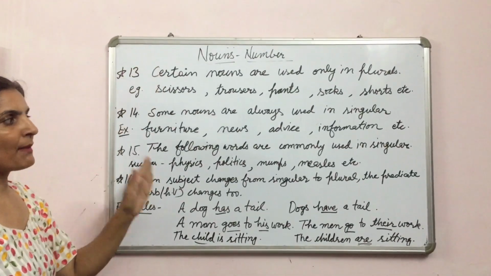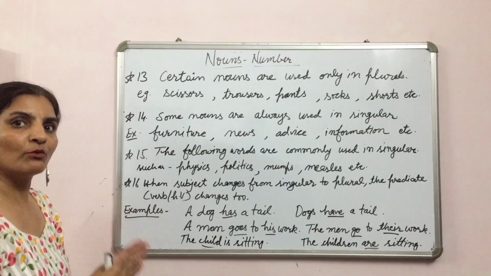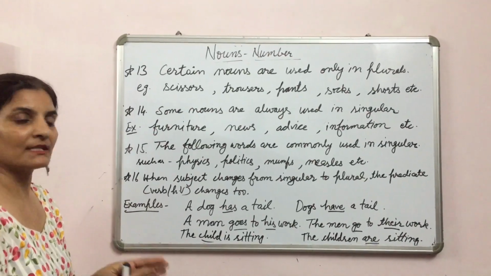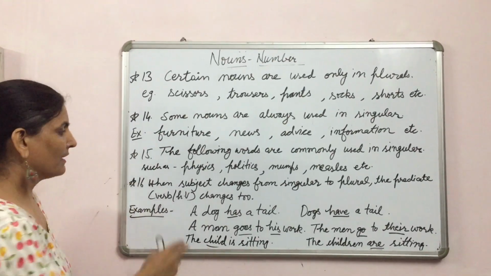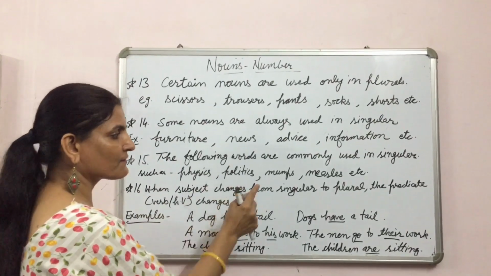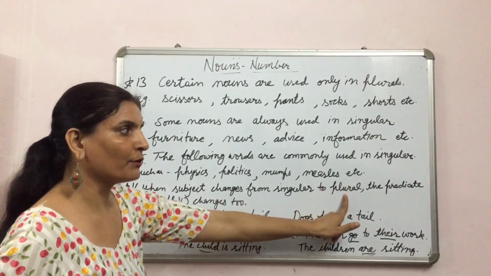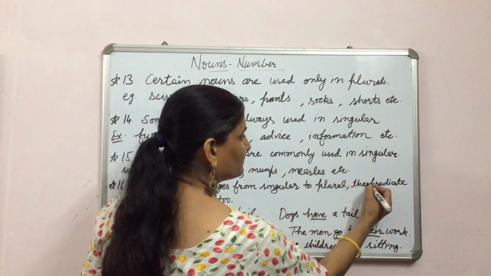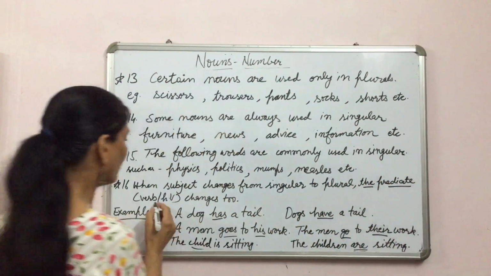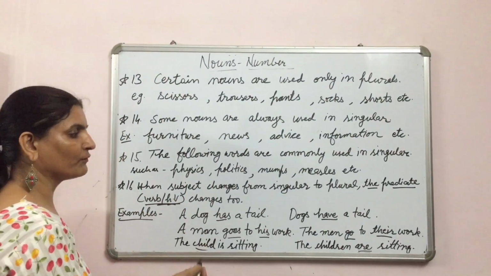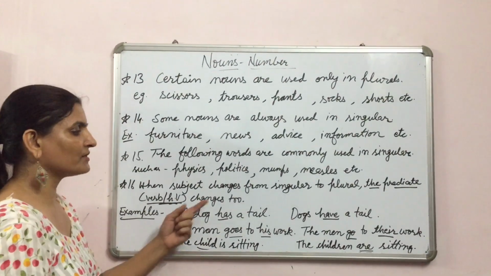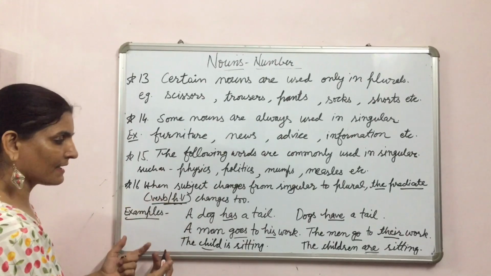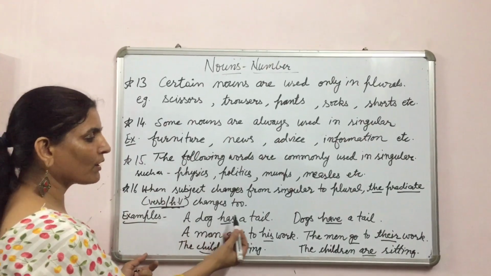When we were talking about words, how to change singular nouns into plural nouns, let us now talk about sentences. When the subject changes from singular to plural, then the predicate or verb, the helping verb also changes. Let us see the examples. A dog has a tail.